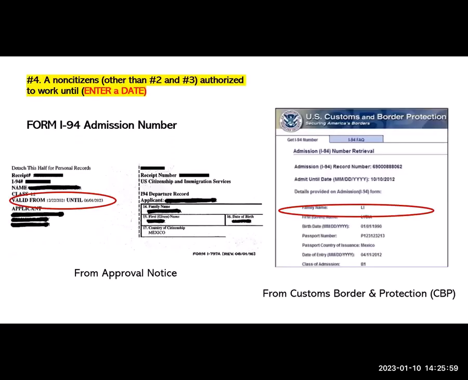Okay. So we talked about the I-94 admission number. And this is, again, very, very important. This is one of those that you may see quite often, particularly if you have any foreign workers on your workforce, or you hire them. There are two Form I-94s, the one to the right and the one to the left.